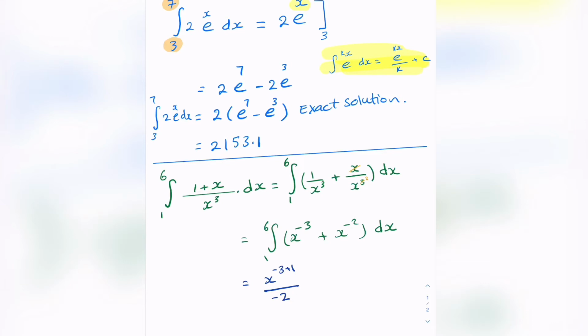So this is the new power, we put it at the bottom here, plus the integration for x to the power minus 2 is x to the power minus 2 plus 1, and that's the answer, is minus 1. So we will divide by minus 1. This is the new power. Okay, and we don't put plus c because we have limits here. So this is going to be from 1 to 6.